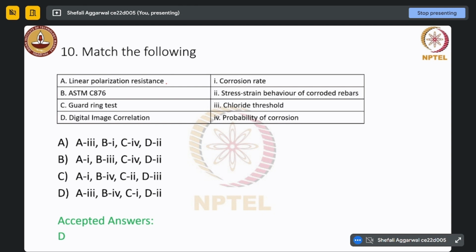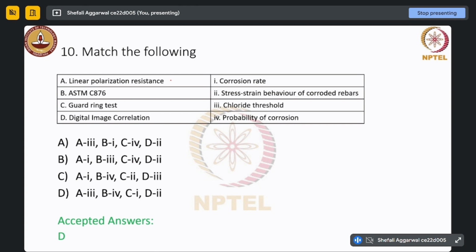Initially we are calculating the RP value, and from that we are deriving the ICOR value. Actually, we are not deriving the ICOR value from LPR, we usually don't want to, because there are chances of LPR giving us false readings. Like what we are testing in our lab, many times we feel that LPR is giving us a wrong value.